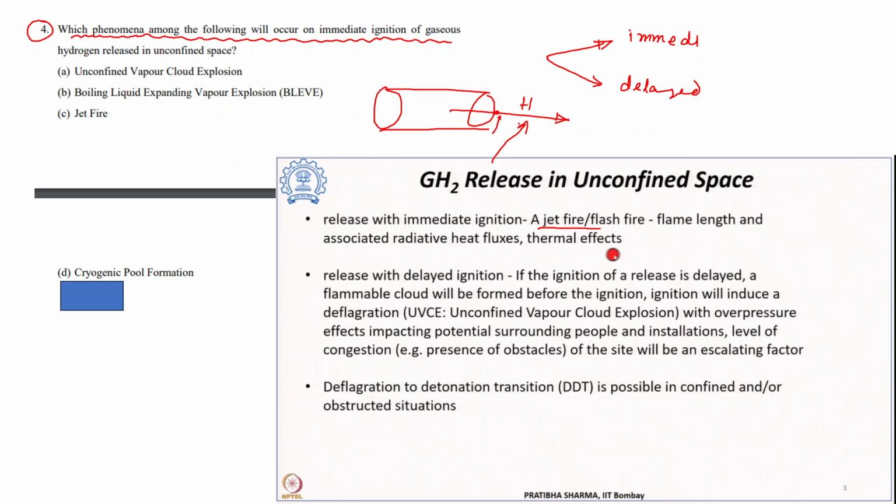But late fire means that the hydrogen is leaking, hydrogen is coming outside, and I am not giving the external fire; I am giving it very late. But when I give the immediate ignition, just as hydrogen comes out from the tank, it will catch fire, and all the reactions will be there.